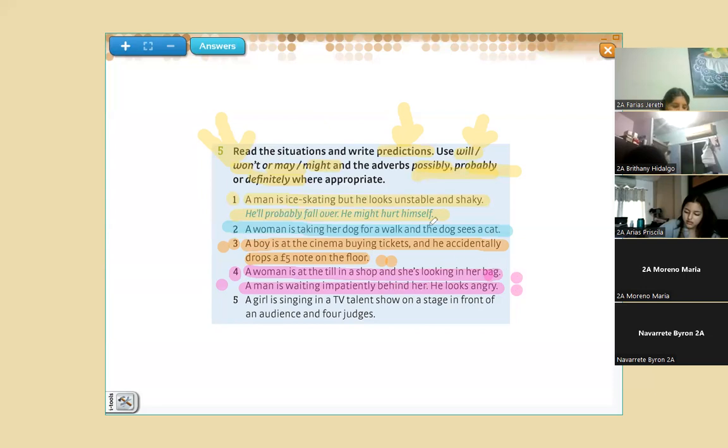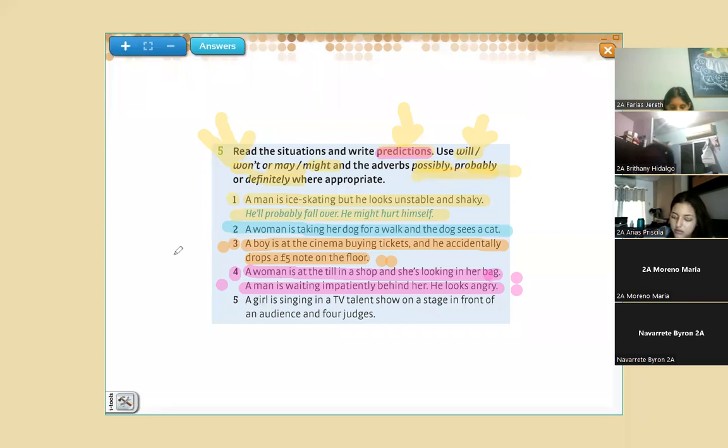Okay, what is the sentence that you are going to use as a prediction? The man is probably more angry because the woman is... doesn't hurry up.